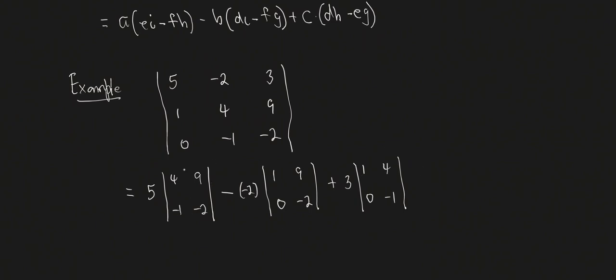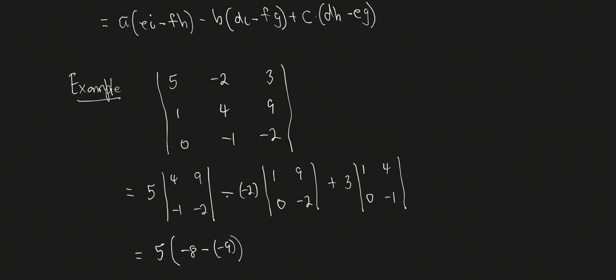Now we use the definition for the 2 by 2 determinant to simplify and complete the calculation of this determinant. Our final answer in this case will be a number. So we'll have 5 times 4 times -2, that's -8, and then minus 9 times -1, that's -9.